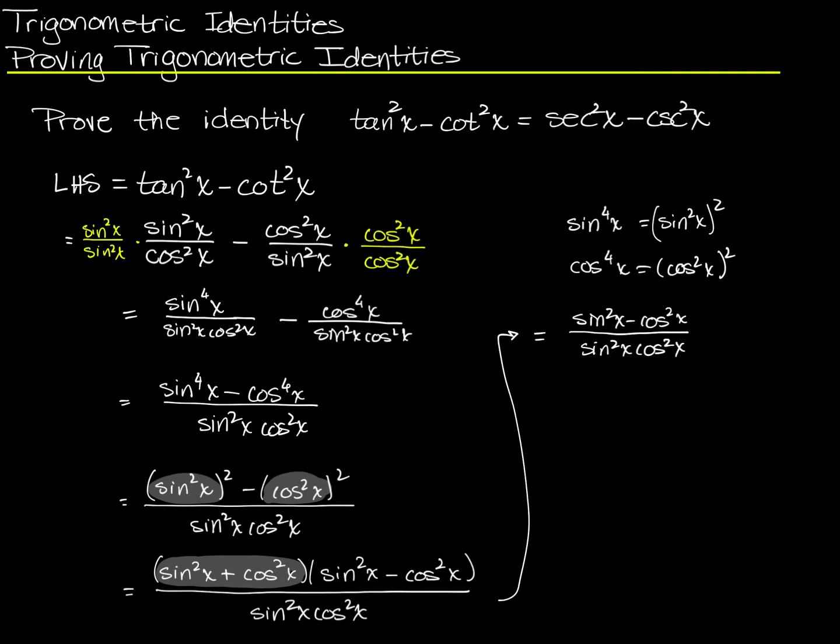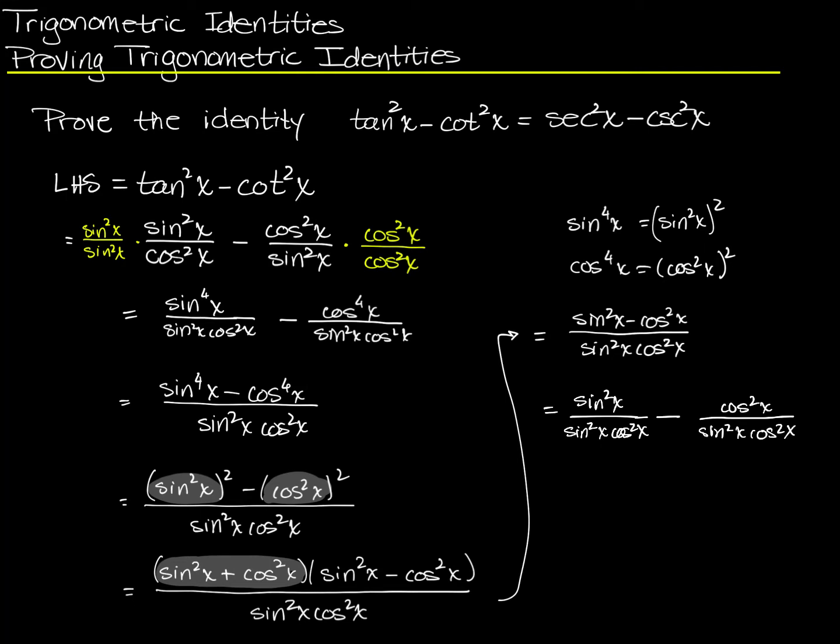It's still not super clear where to go, but I have a fraction that has a minus in the numerator. So that means I can write this as two separate fractions if I want to. That line is equal to the sine squared of x over sine squared of x cosine squared of x minus cosine squared of x over sine squared of x cosine squared of x.